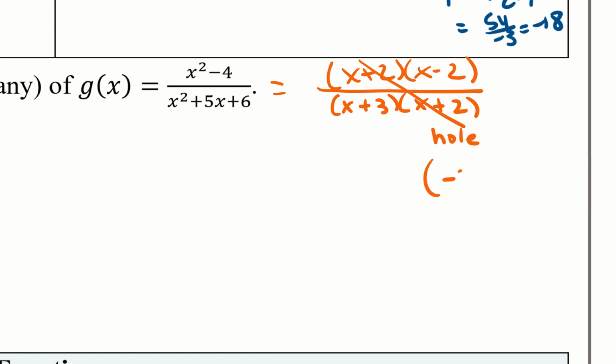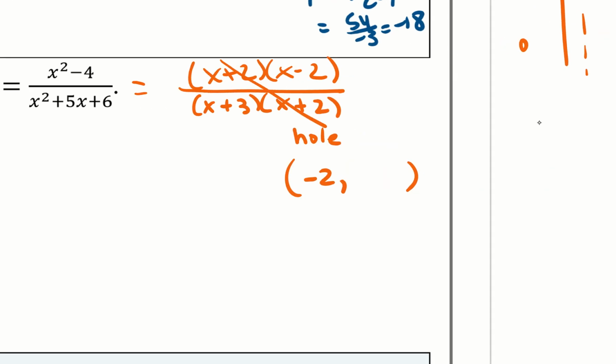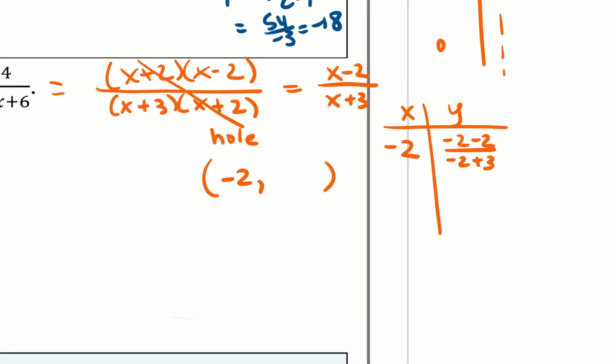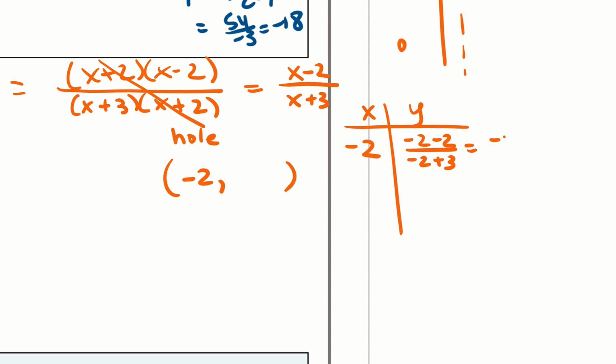This would be an x coordinate of -2. To find the y coordinate of this hole in the graph, you would use the reduced down form and plug in the x value of -2 to both the top and the bottom and simplify that, and I get -4 over 1, or -4. There's the location of the hole in the graph.